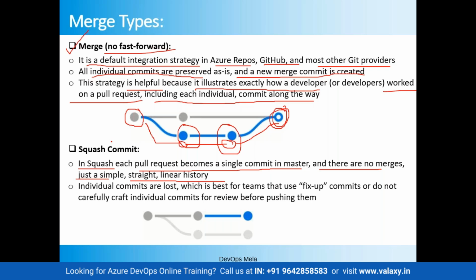Okay. Now the problem is, if the merge happens, just to take an example, if you do a merge no fast forward, in that case, what will happen? All the 100 commits will become part of your develop branch.